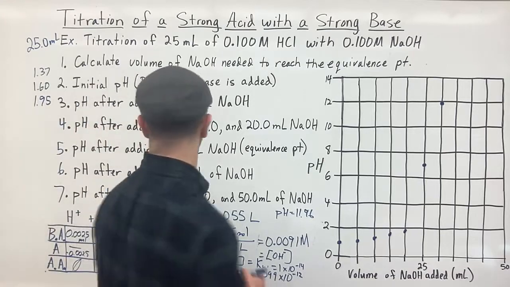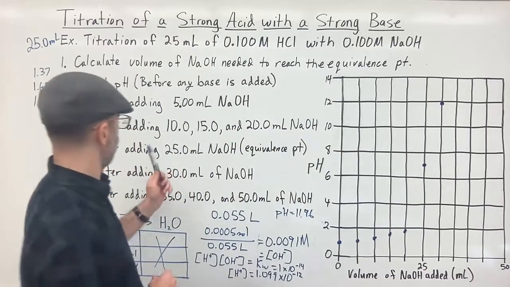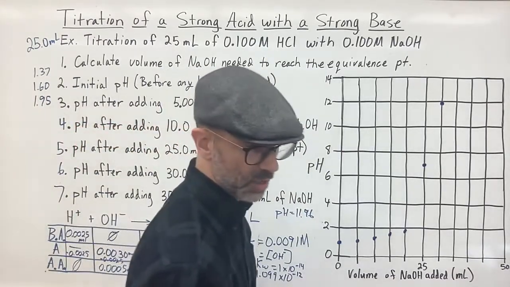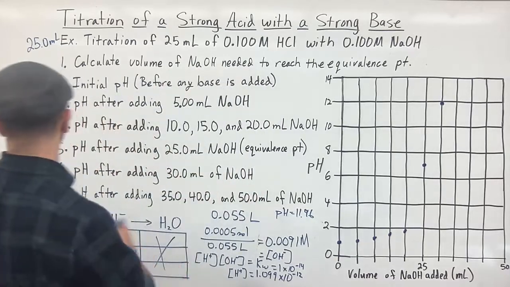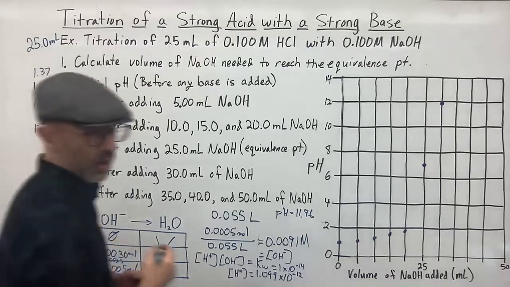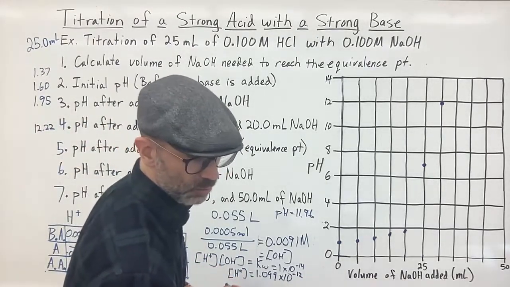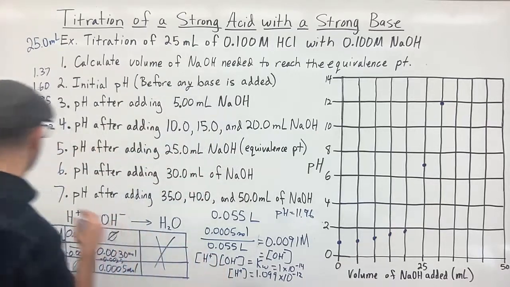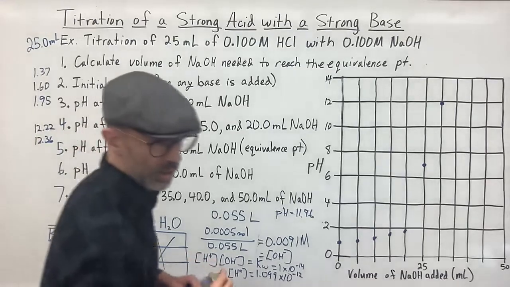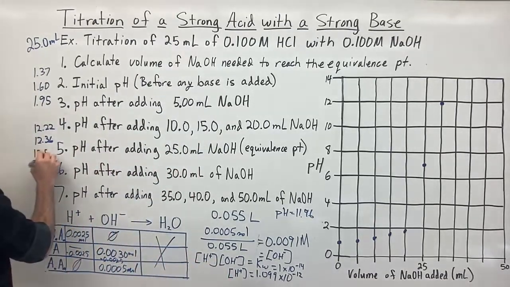And so I did that already. So the answers there for 35, 40, and 50 milliliters of NaOH added, the pH then becomes 12.22 for 35 milliliters. And for 40 milliliters, it's 12.36. And for 50 milliliters is 12.52.